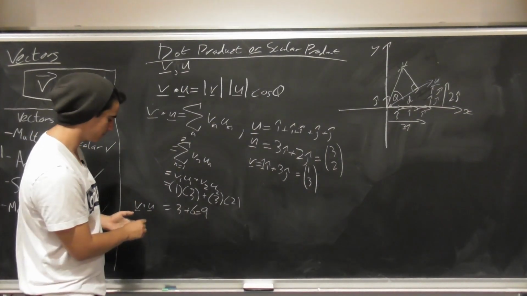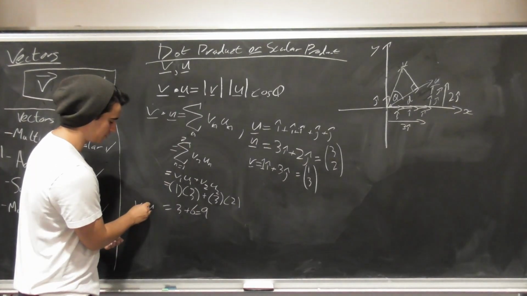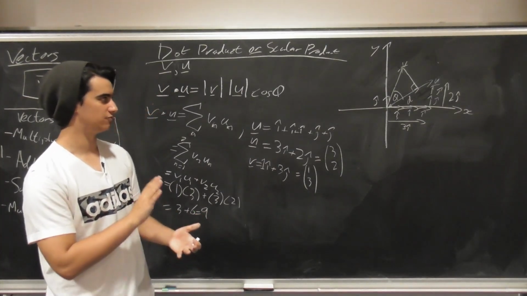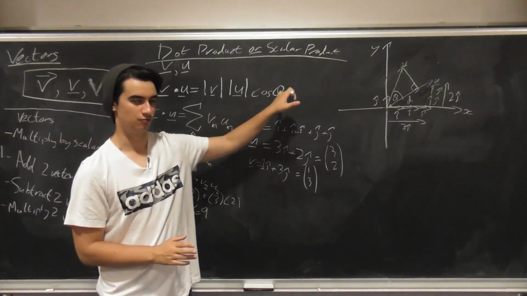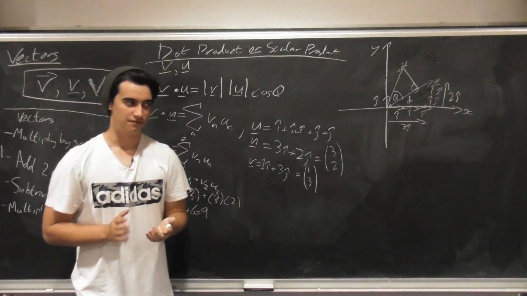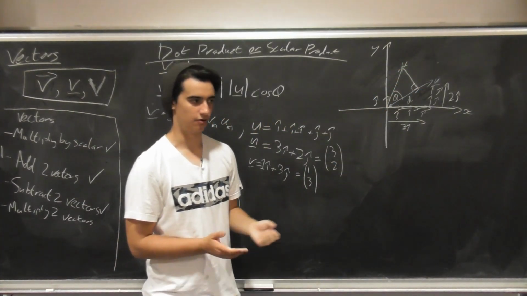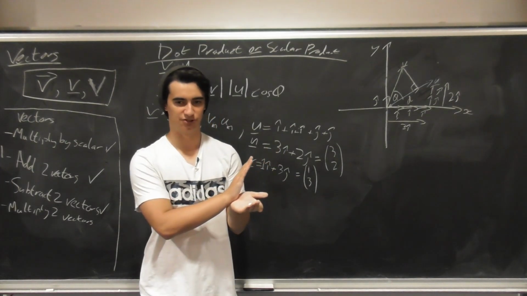Now this dot product works for 2D and 3D quite well because we have this angle. We can visualize the angle between two things in 3 dimensions.